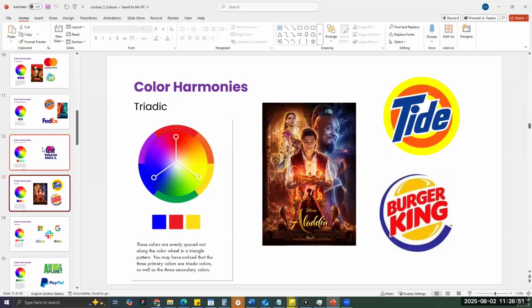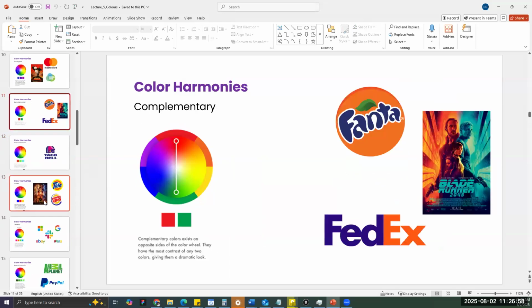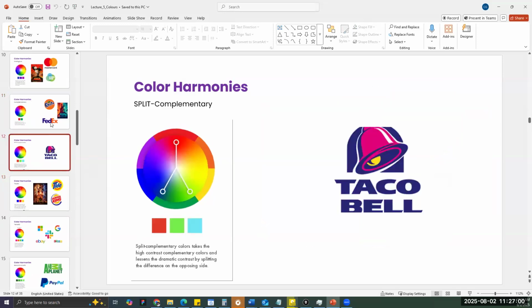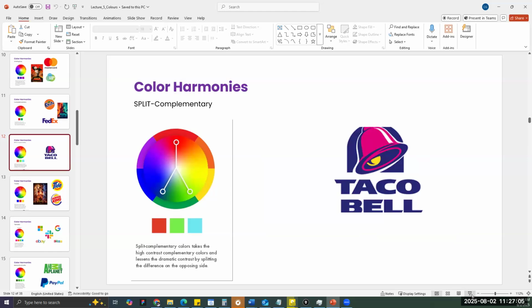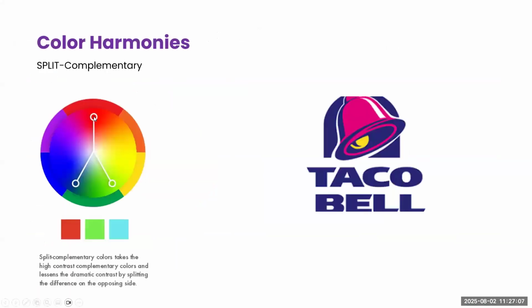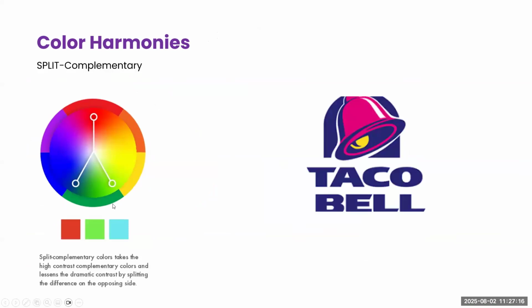Another one is split complementary. Complementary means opposite. Split complementary means you can see the opposite side has split. In complementary colors, you just have the opposite colors, but here the opposite has divided. It's split. The best example is Taco Bell.